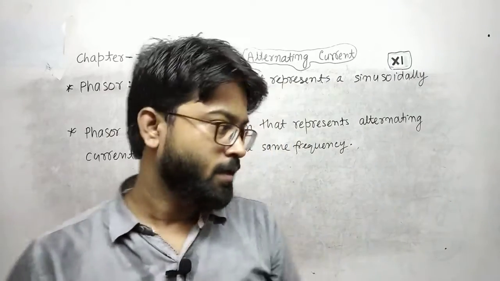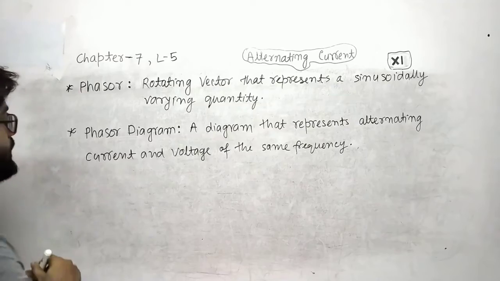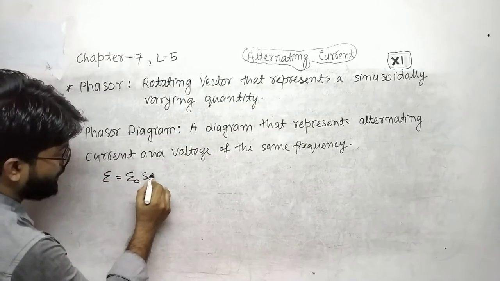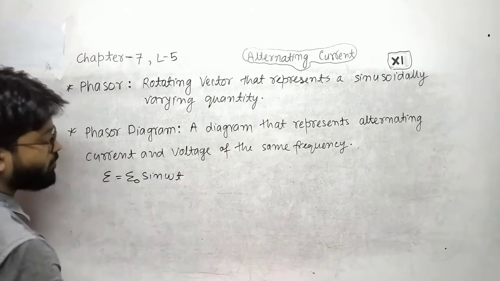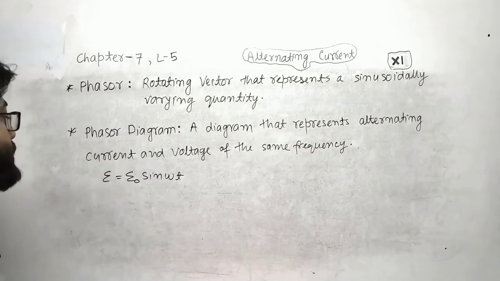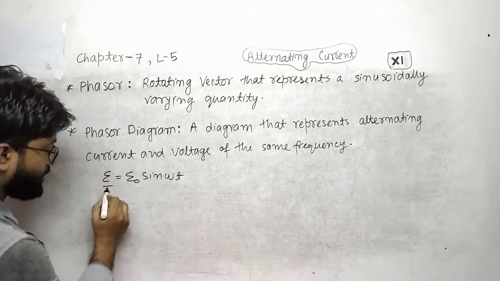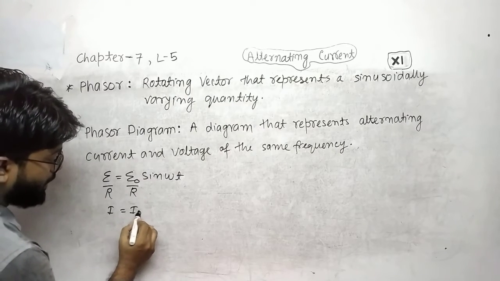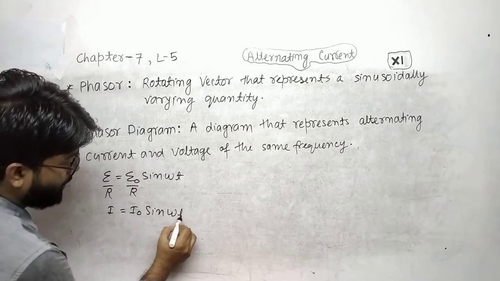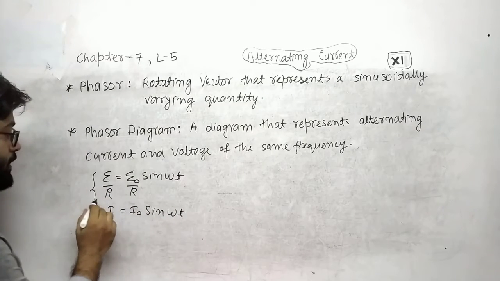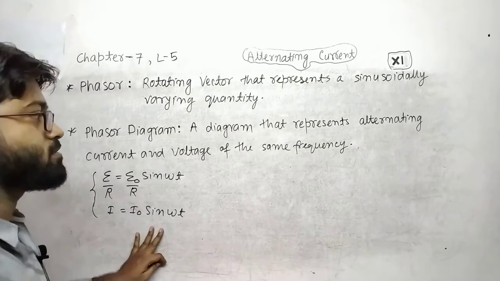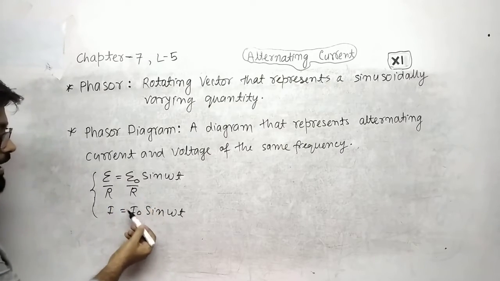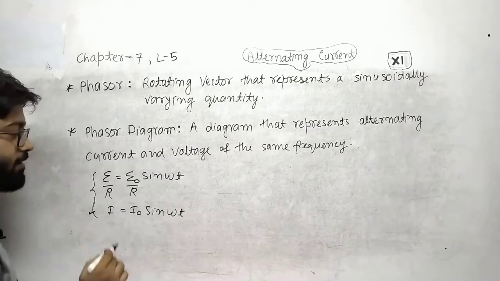Before discussing, we know that E equals E naught sine omega t. When we divide this by R, it will be I equals I naught sine omega t in general, when the circuit contains a resistor.